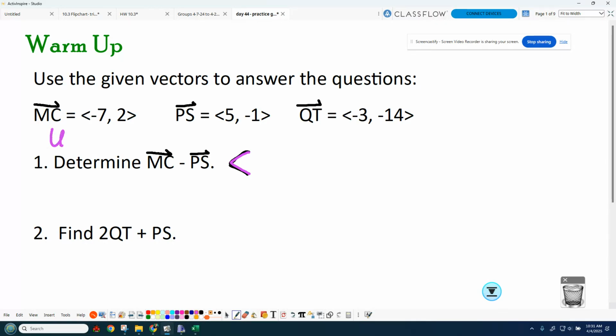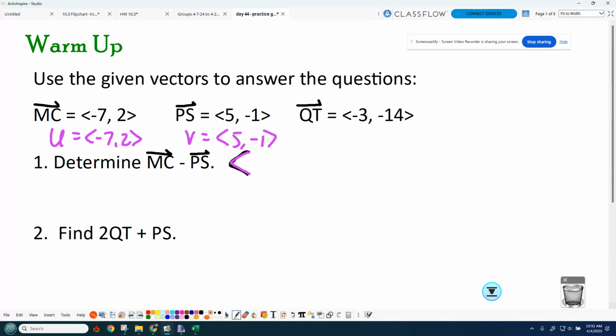If I asked you, what is vector u minus vector v, what would you be doing? 5 minus 7 minus 1. Okay. Careful, guys.